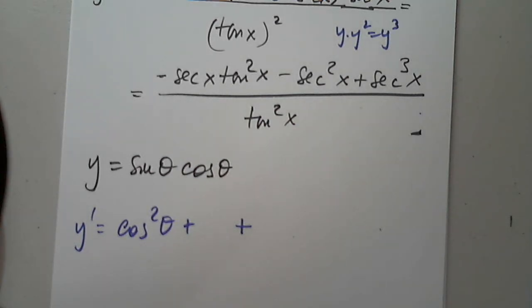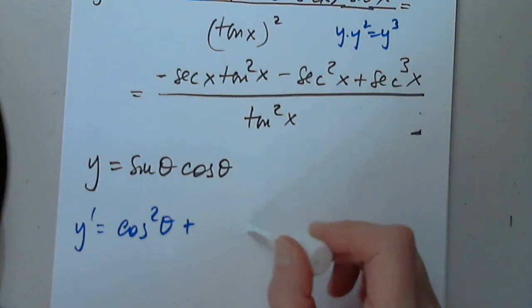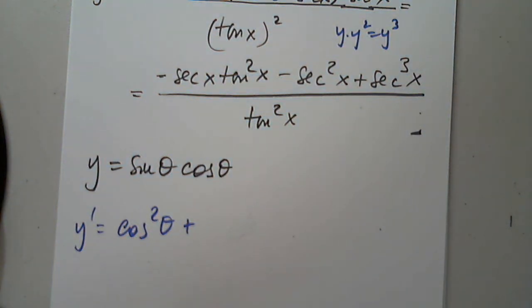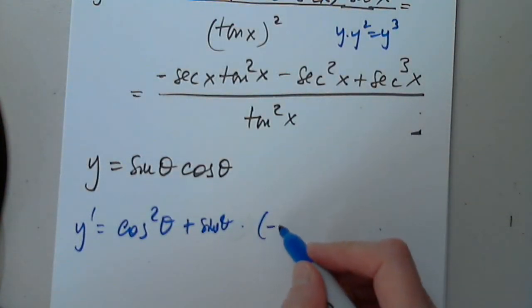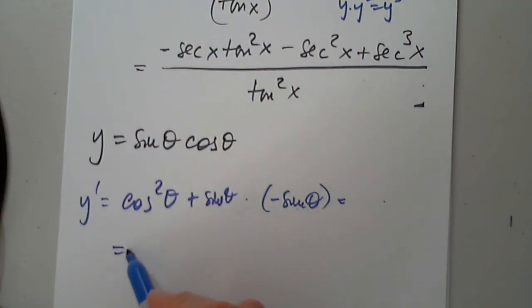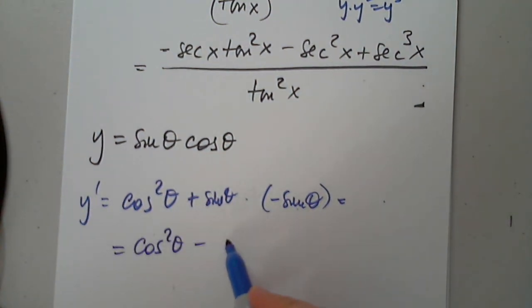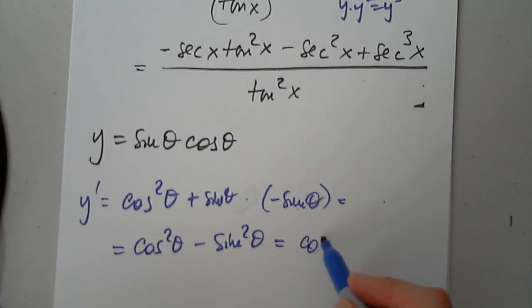I agree with that. So this is sine theta times negative sine theta. I agree. So the final answer is cosine squared theta minus sine squared theta. I don't know if you remember this. You don't have to change it, but this is the same as cosine of twice theta.